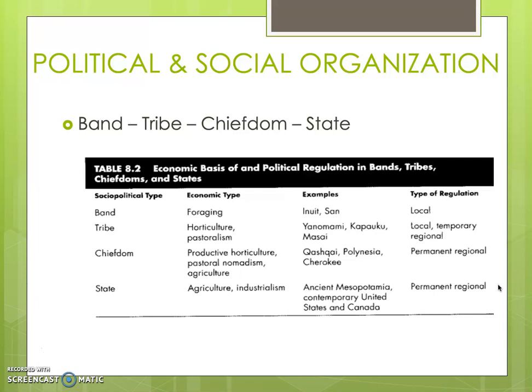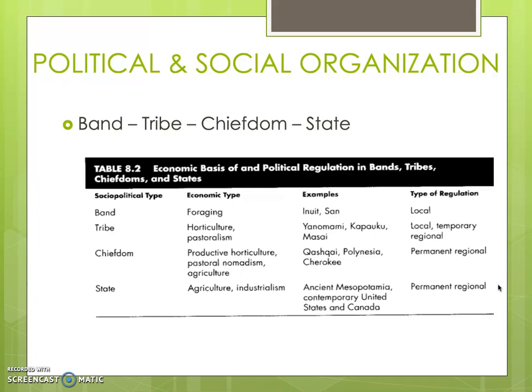So, the Nuer, look over to the right under type of regulation. They also had local regulation. They sort of solved their problems within their own group. But then there were also temporary regional aspects. So remember the figure of the leopard skin chief who was called upon to solve conflicts such as murders between Nuer men.